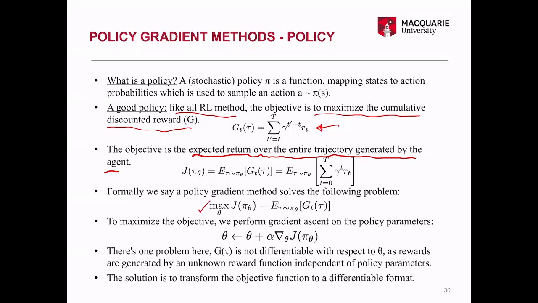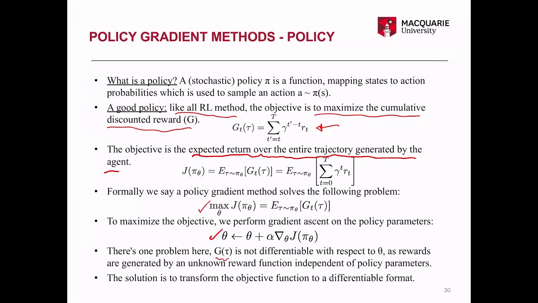To maximize the objective, we perform gradient ascent on the policy parameters. But there's one problem here: the return, or G, of a trajectory is not differentiable with respect to theta, the parameters of the network, so there is no way to take the gradient of the expected cumulative rewards.